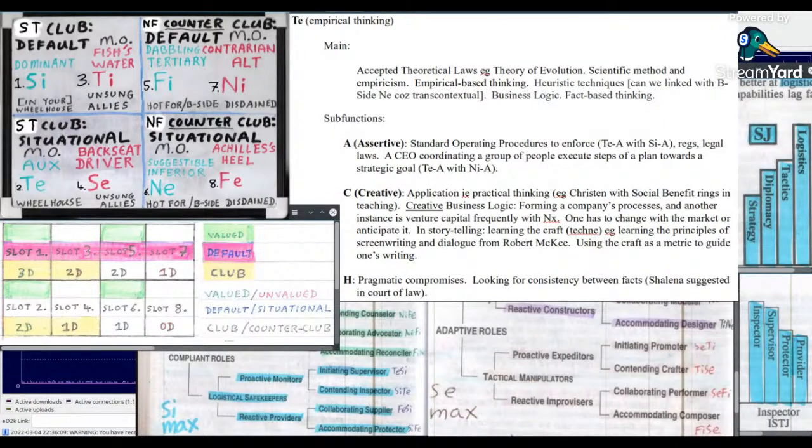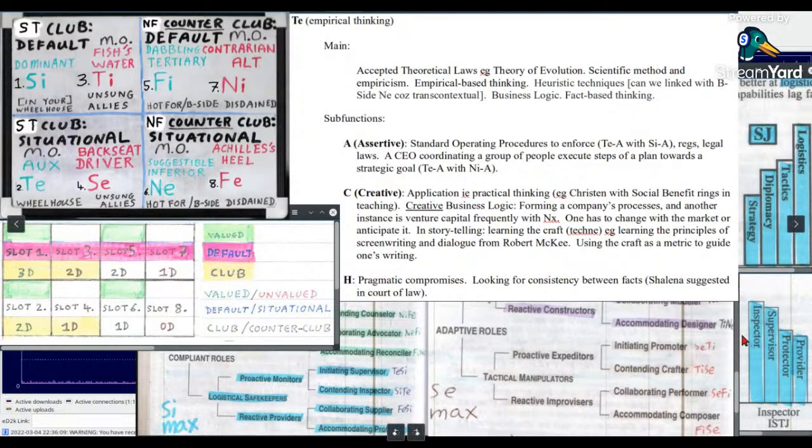But being a promoter would be difficult for ISTJ. It's drawing on the weakest of the club functions and TI. But intellectually they understand it. It's executing it, particularly that weak FE.